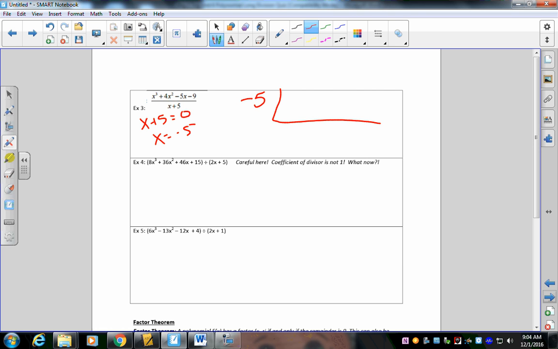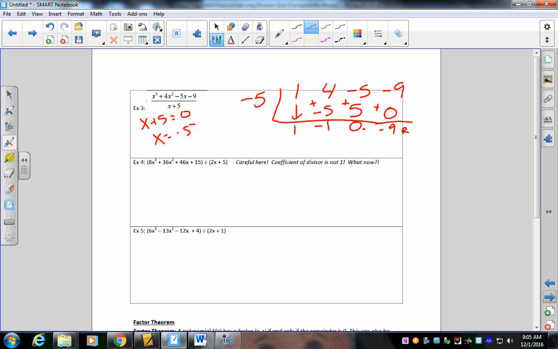And then I have 1, 4, -5, -9. Bring down the 1, multiply, -5. Add, giving me -1. Multiply, giving me +5. Add, giving me 0. Multiply, I get 0. Add, I get -9. All right, so the -9 is my remainder.